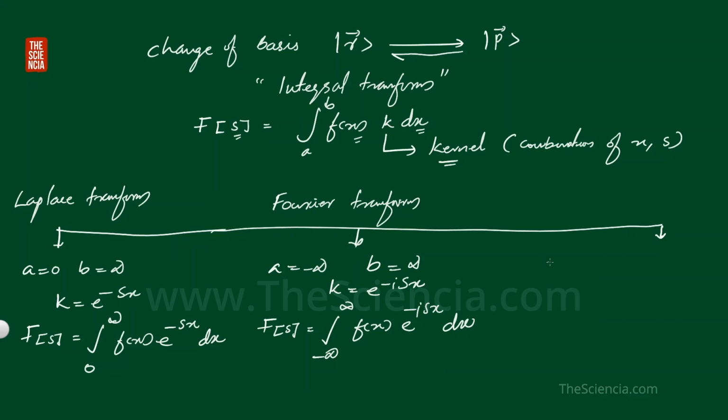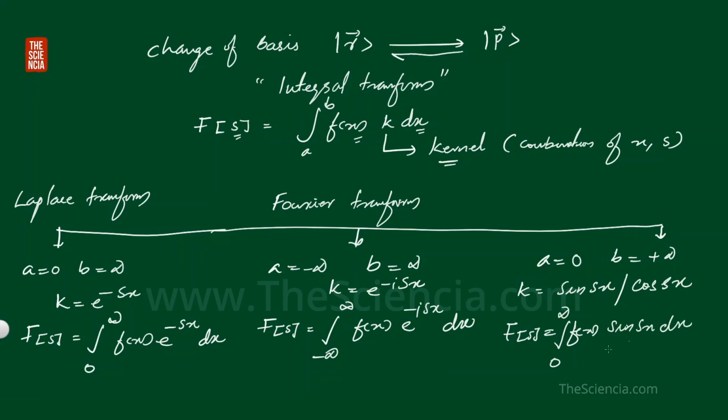Okay, and another one is a equal to 0 and b equal to plus infinity, and kernel is equal to sin sx or cos sx. So we will get F(s) is equal to integral 0 to infinity f(x) sin sx dx, and another combination is F(s) is equal to integral 0 to infinity f(x) cos sx dx.